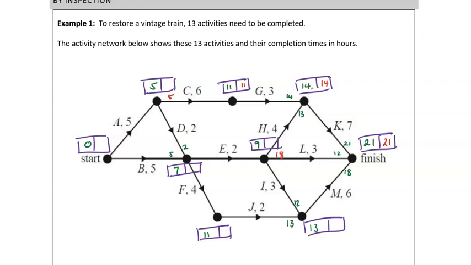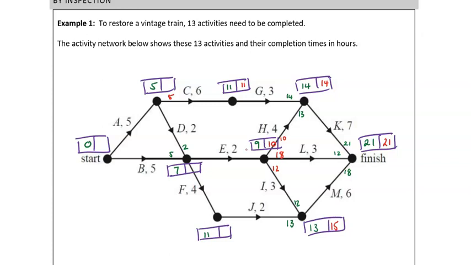We've also got H, so 14 minus 4, 10, but we also need I. So let's go back to the finish again. 21 minus 6 for M is 15. 15 minus 3, 12. The smallest of those values is 10, coming from H.